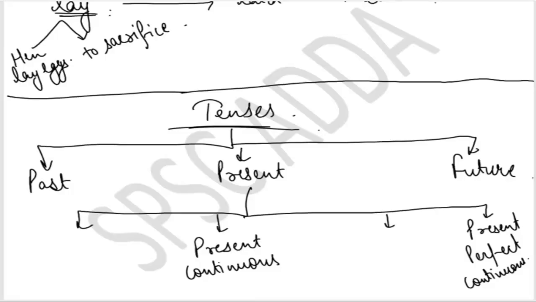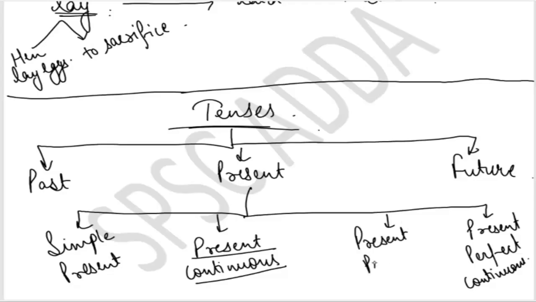Now, all the 3 tenses, past tense, present tense, and future tense, is further subdivided into 4 parts. First is simple present tense. Second is present continuous tense. Third is present perfect tense. And fourth is present perfect continuous tense.